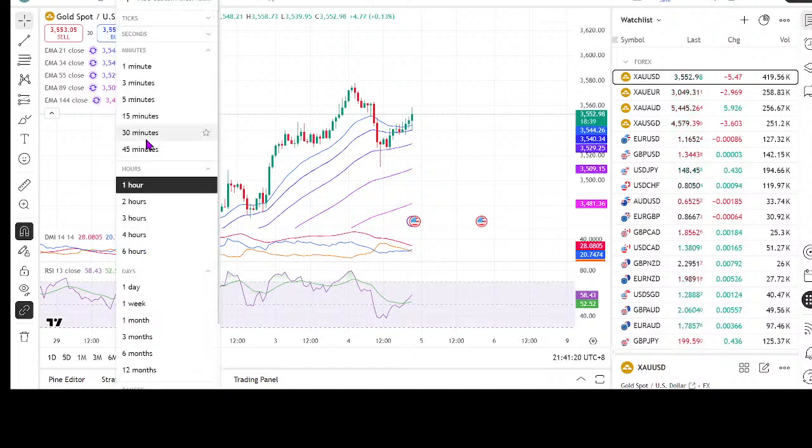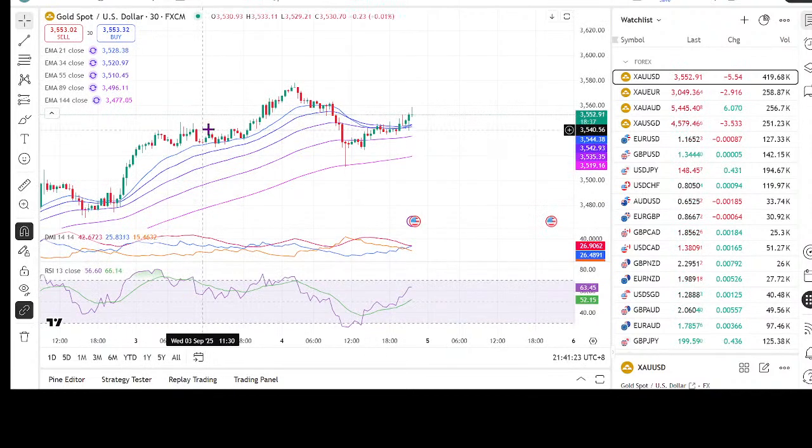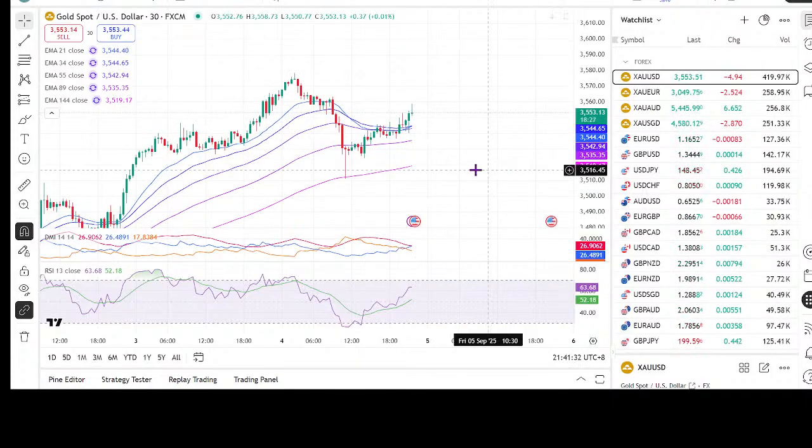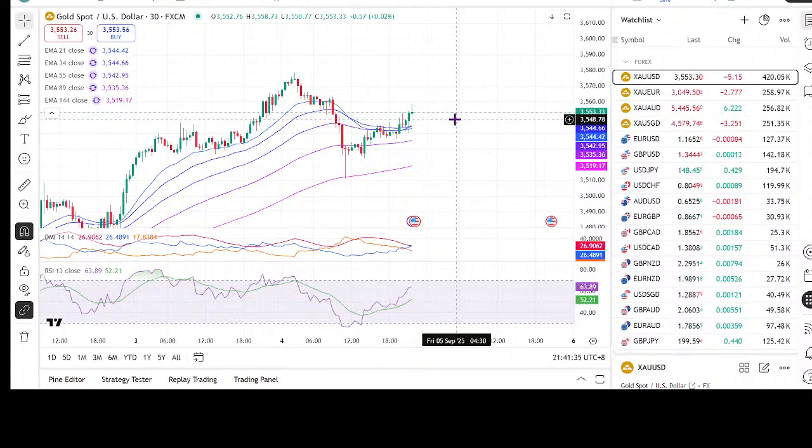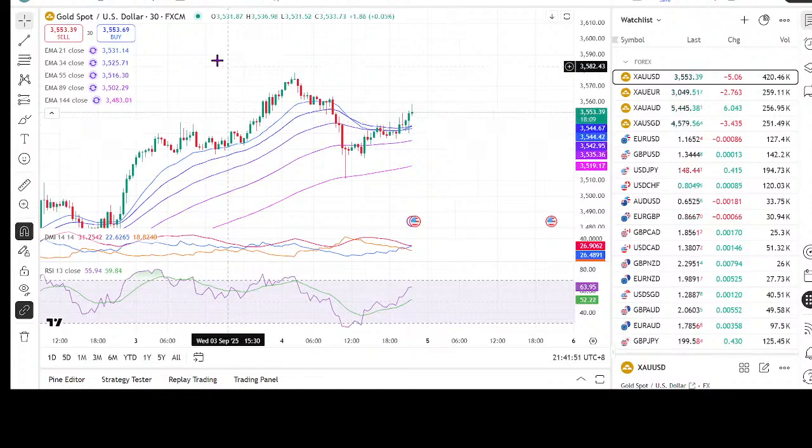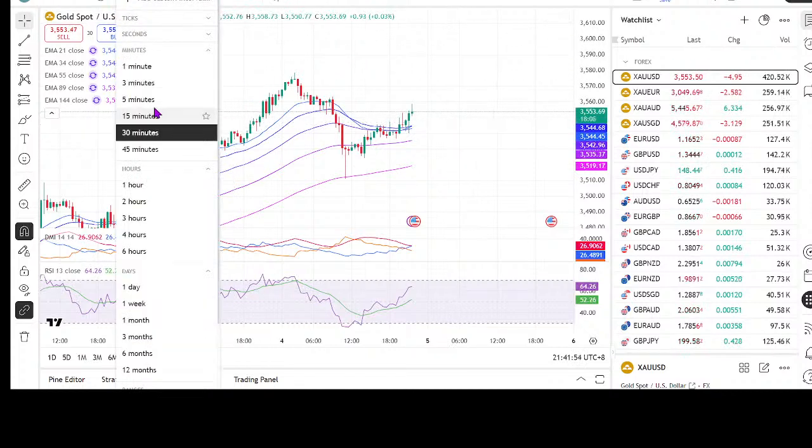Let's see the 30-minute, to see whether we can get a higher level stop. So what we can do, we can go for another entry, with that stop at 47, and the first entry which we have already taken, we will try to also raise the stop slightly higher.